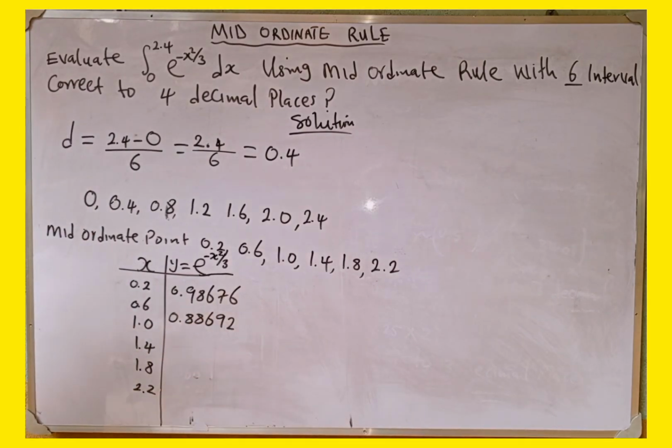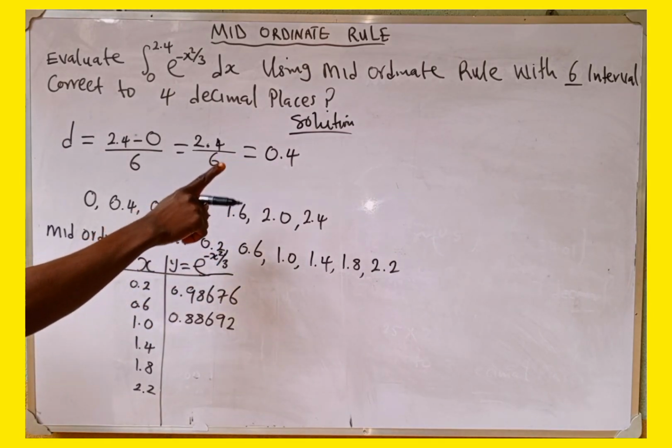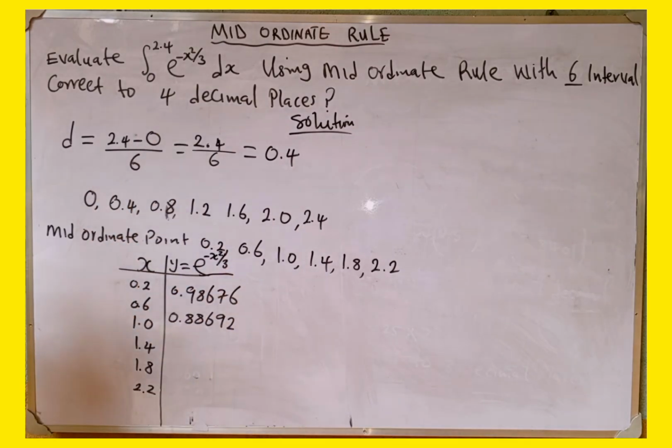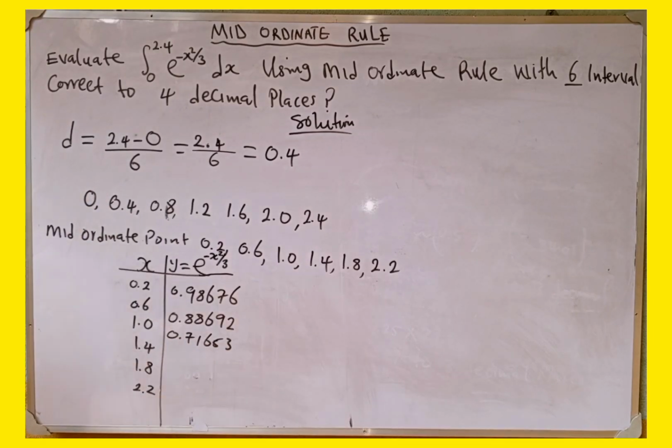The next one is 1.0. Plug in 1.0 squared. Minus 1.0 squared is going to give you positive 1. 1 divided by 3, press equal to, take the exponential of the answer, and it is 0.71653. The next one is 1.4.